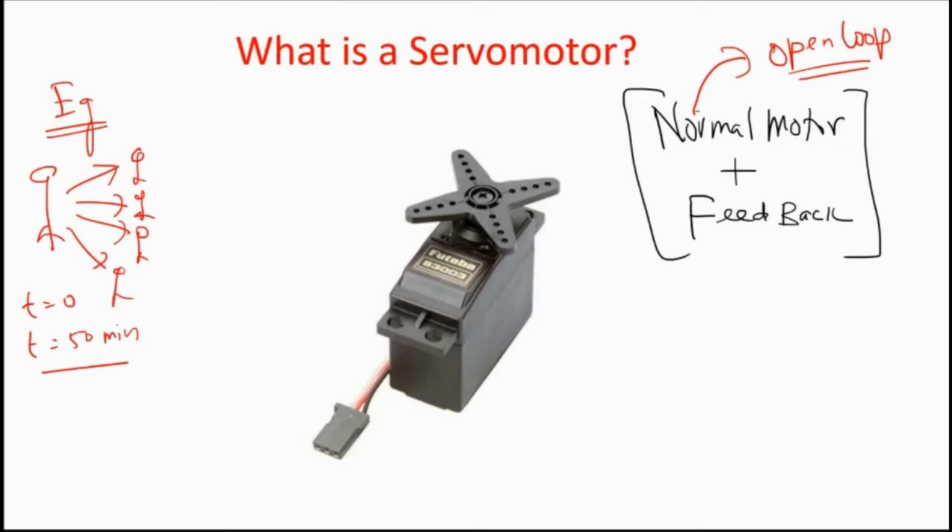Open loop means this teacher keeps on talking for the entire 50 minutes and never gets any feedback from the students pertaining to whether they have understood the concepts, whether they have any doubt, whether their concepts are clearly received by them, and so forth. So this is an open loop system.